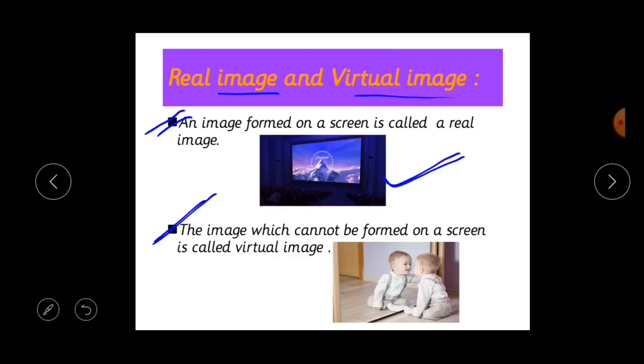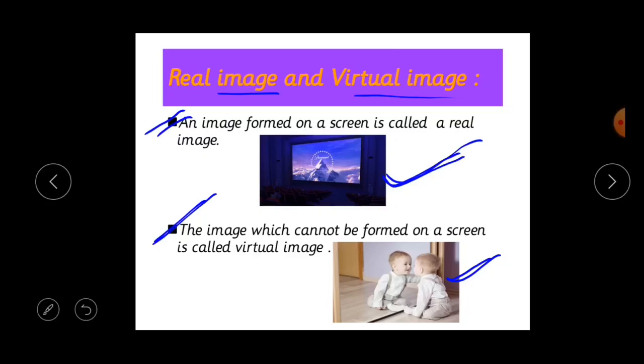Okay, so here you can see, for example, image of our face in a plane mirror is a virtual image. Okay, it is not forming on any screen. Directly we are seeing ourselves in the mirror. We are not seeing ourselves on a screen, isn't it? So this is a virtual image. Image of our face in a plane mirror is an example for virtual image, whereas the image formed on a cinema screen is a real image.